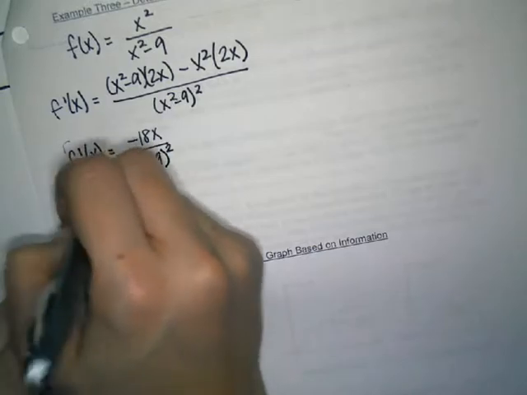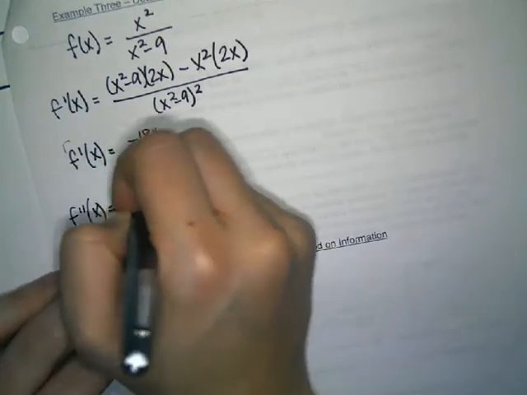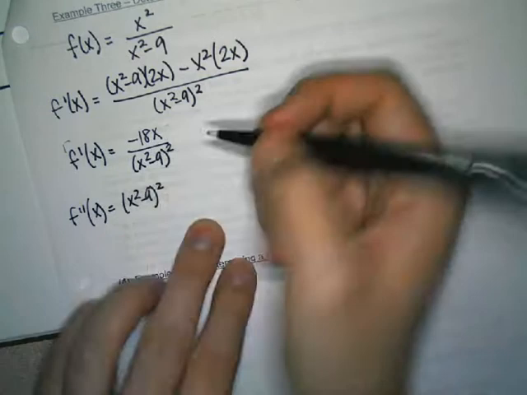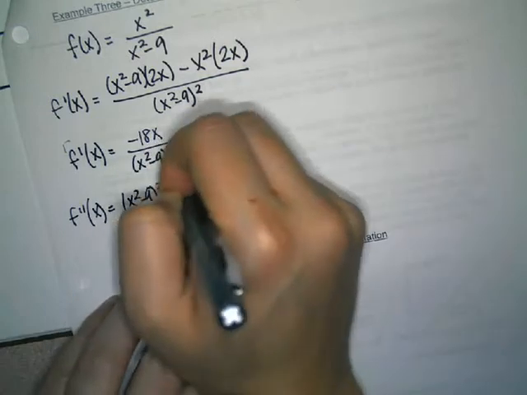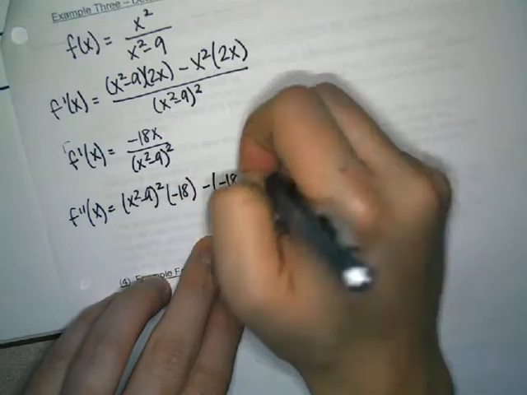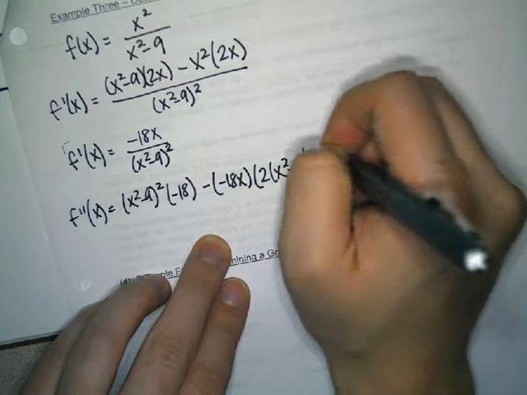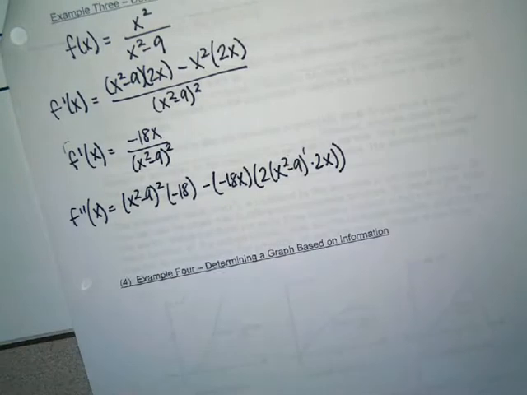Okay, and then f double prime. Again, quotient rule. So low d high minus high d low, because we have to use the chain rule on the bottom there.